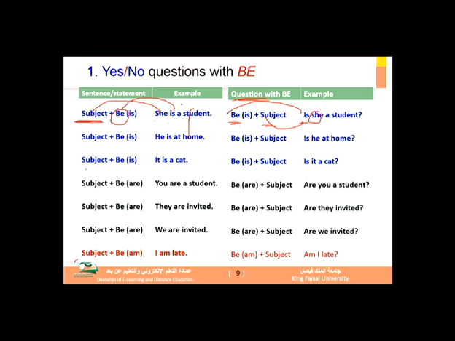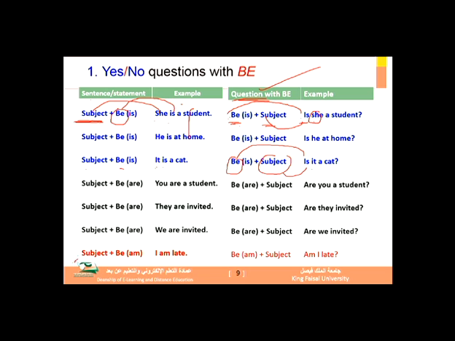Similarly, subject plus verb to be: It is a cat. It is the subject, is is the verb. When we are dealing with a question, it is exactly the opposite. We have be first, followed by the subject: Is it a cat?